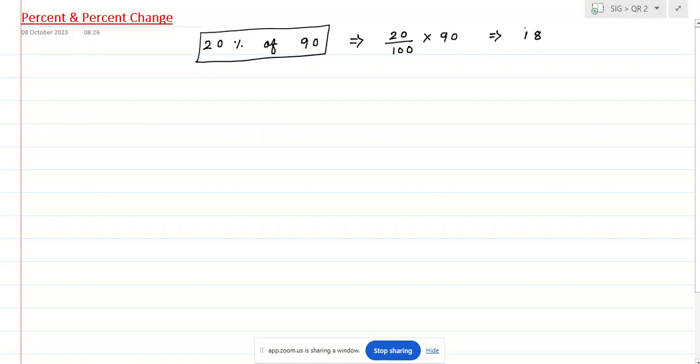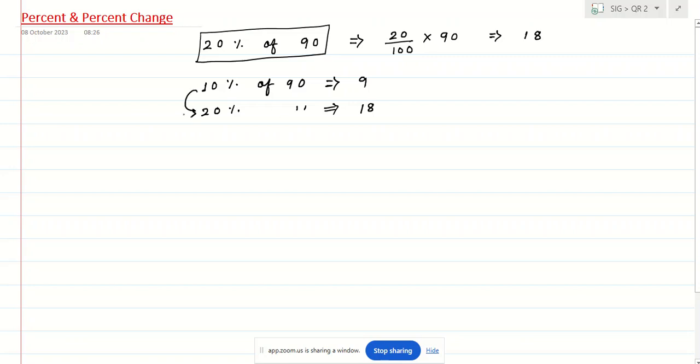18. One more approach people use, and this is a very efficient approach, is that they find the 10% first. The 10% of 90 is nothing but 9. So how do we find the 20%? Twice of 10%, twice of 9. That is 18.